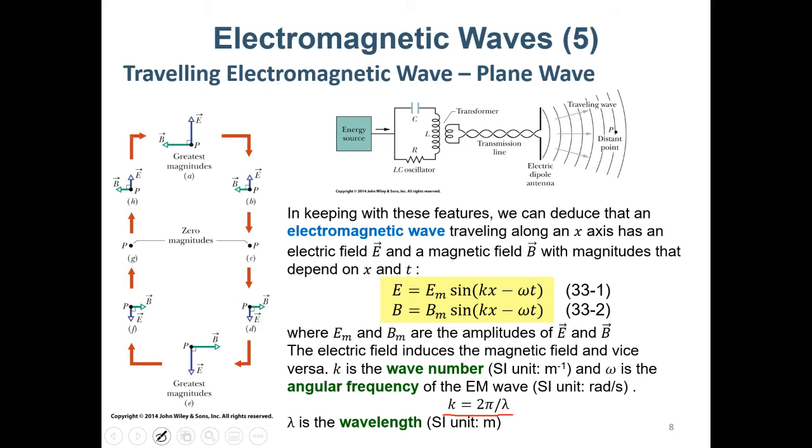The SI unit for lambda is meter, so the SI unit for k is inverse meter. And omega is the angular frequency of the EM wave, so omega is 2 pi f, where f is the frequency. f has SI unit hertz, and omega has SI unit radian per second.